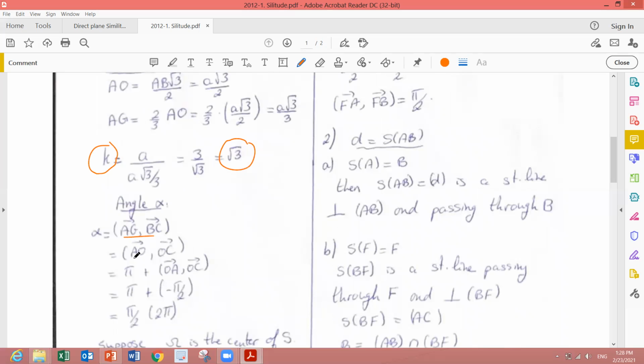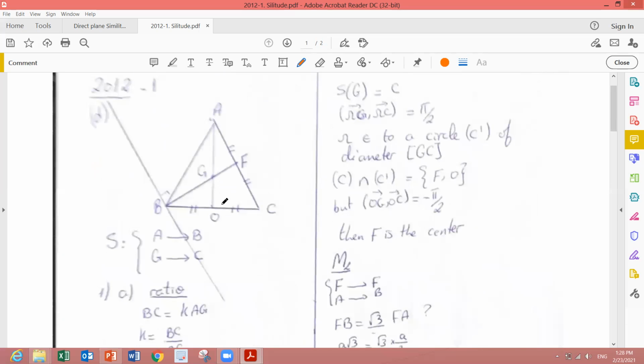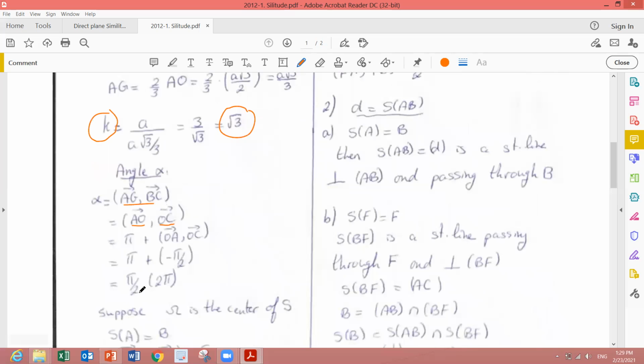Instead of AG, I put AO, and instead of BC, I put OC. To make them start with the same origin, I put pi plus (OA, OC). (OA, OC) is minus pi over 2. So we get pi over 2.